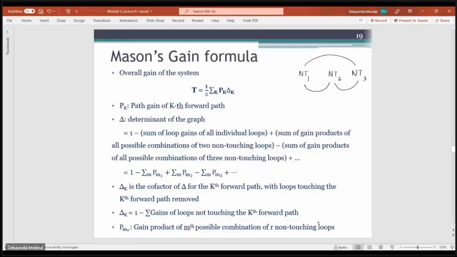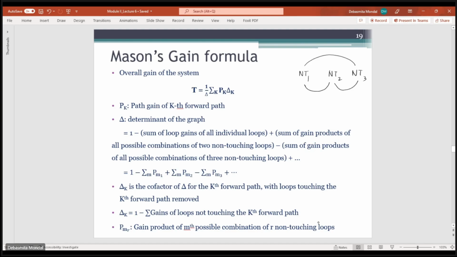Okay, so that will give you the value of delta k. And while finding the value of this determinant, you will have to find Pmr. Pmr is the gain product of the mth possible combination of r non-touching loops.